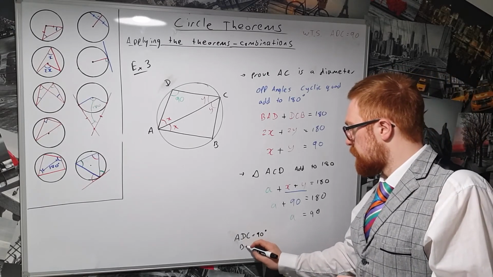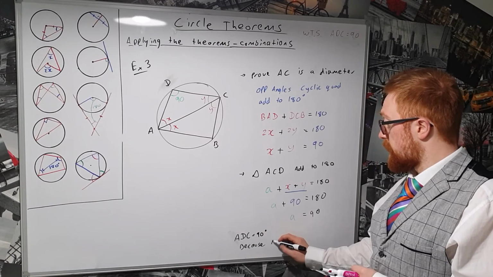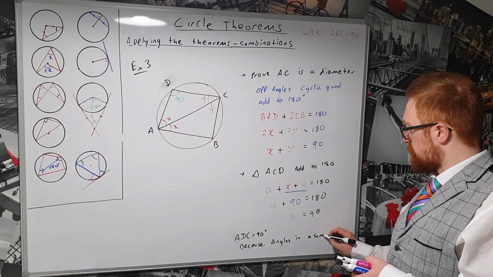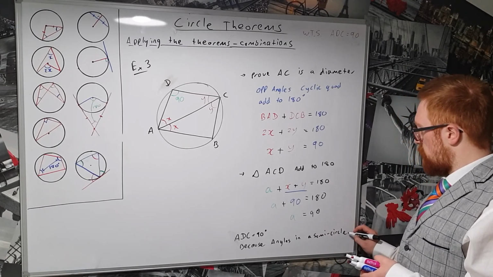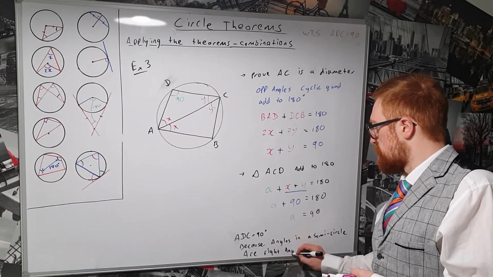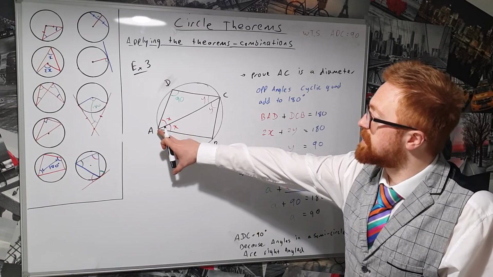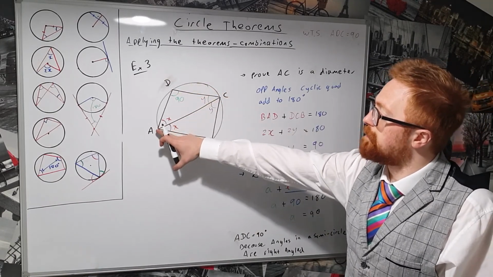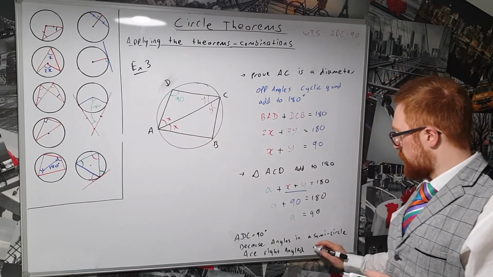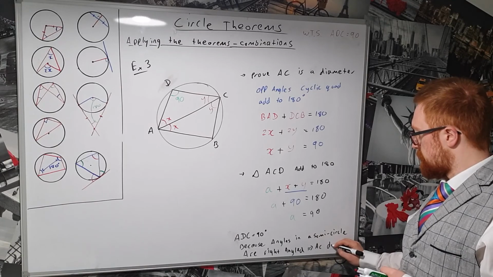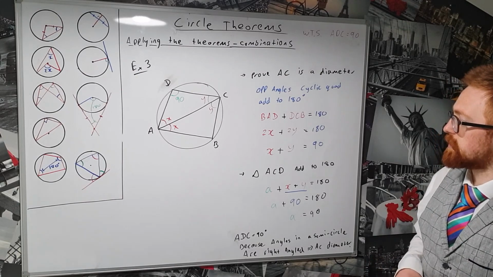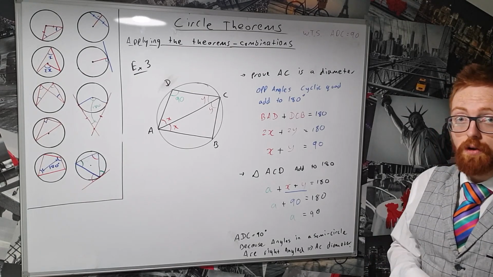And so, because angles in a semicircle are right-angled, the semicircle ACD must be a semicircle, which means that AC must be a diameter. Okay, and there we have it, our three strategies for solving these more complicated circle theorems problems.